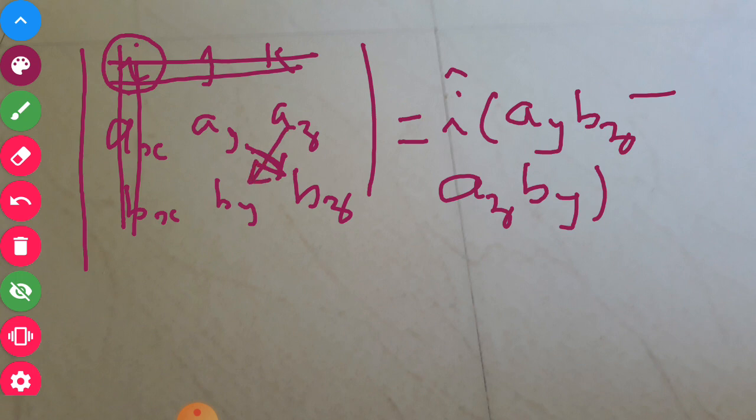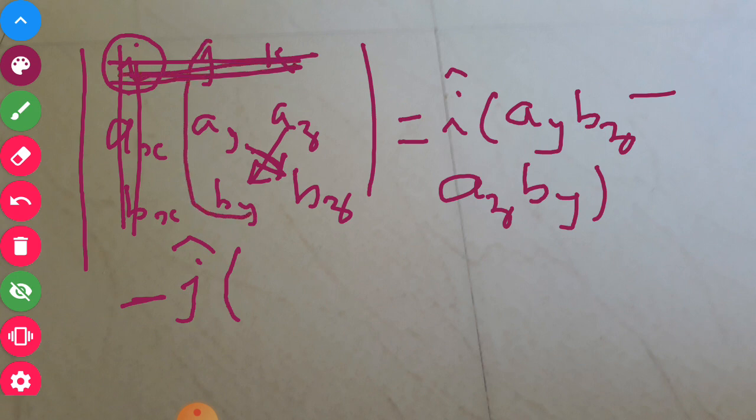Now write minus j cap. Sometimes plus is also taken, but conventionally we generally write minus j cap. The second term is always minus. Then close this column and this row.